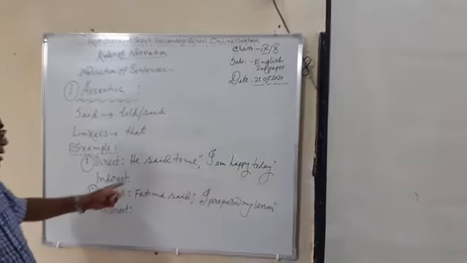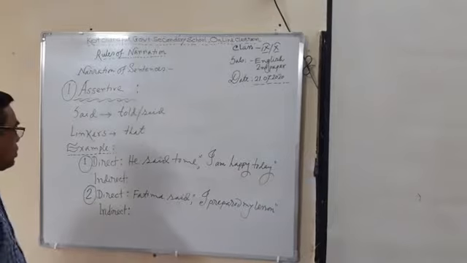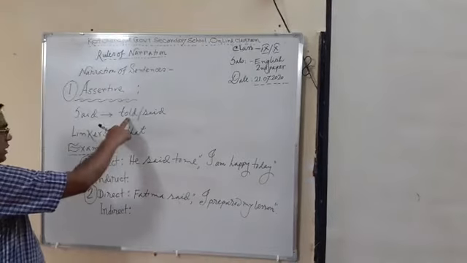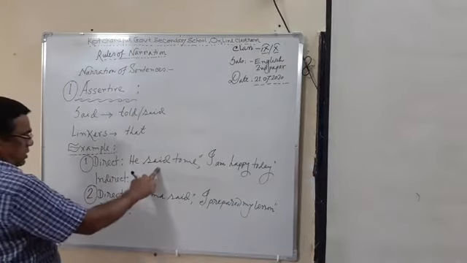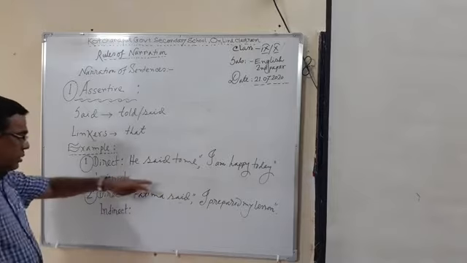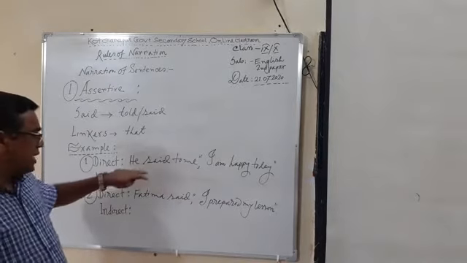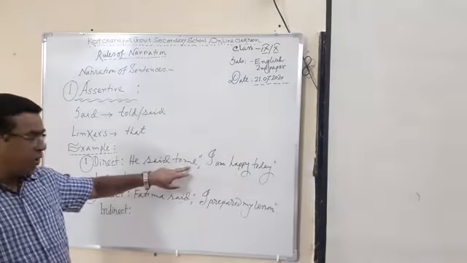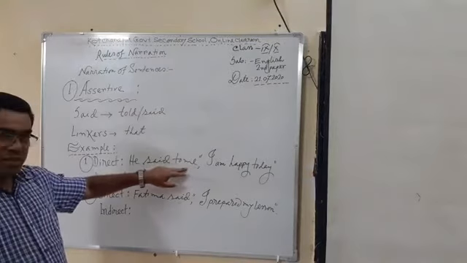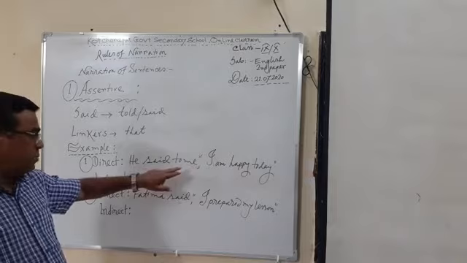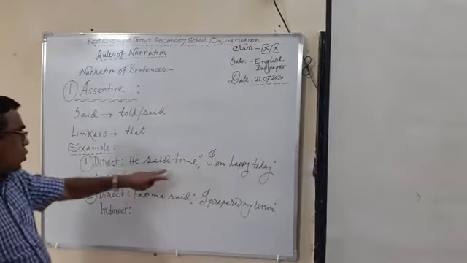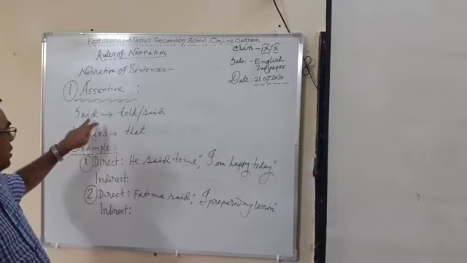He said to me: we have to use told instead of said, because the reporting verb has an object. When the reporting verb includes an object, we use told instead of said.